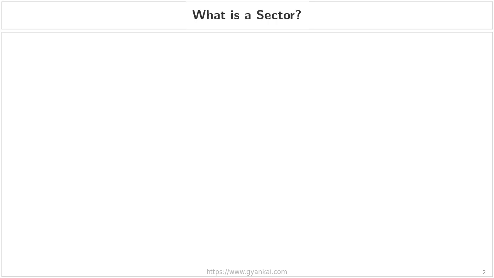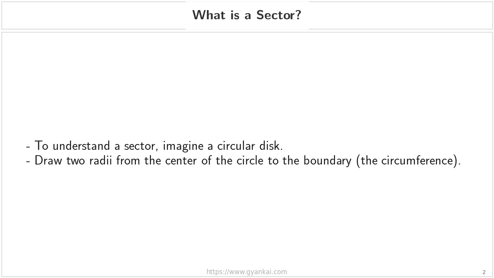What is a sector? Now that we've introduced our topic, let's dive into what a sector actually is. To visualize this, I want you to imagine a flat, circular disc in front of you. Now, pick a point exactly in the middle. This is your center. From that center point, draw two straight lines, which we call radii, extending out to the edge or the circumference of the circle.